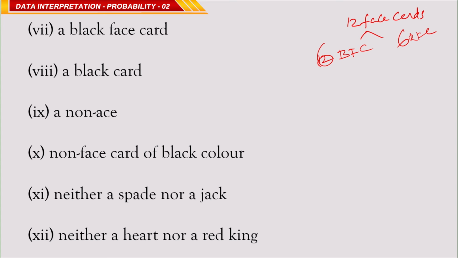Here what is required? Black face card is required, means favorable outcomes is 6, total outcomes is 52. So, 2 3s are 6, 2 26s are 52, means 3 by 26. Correct?